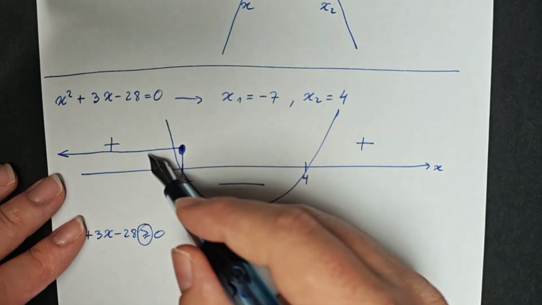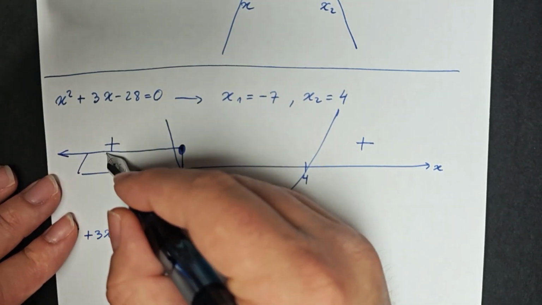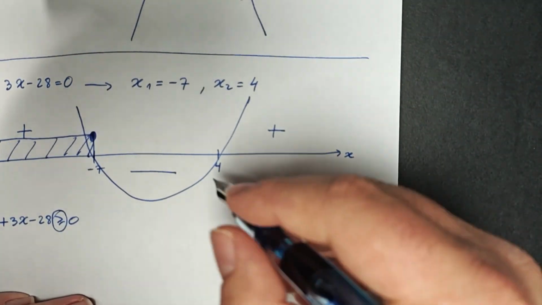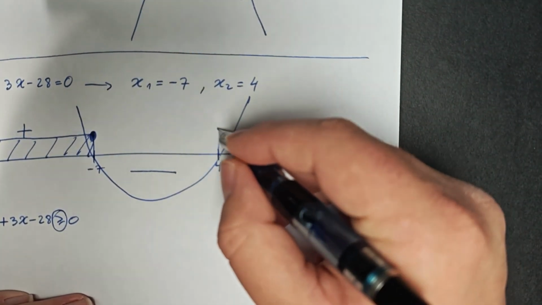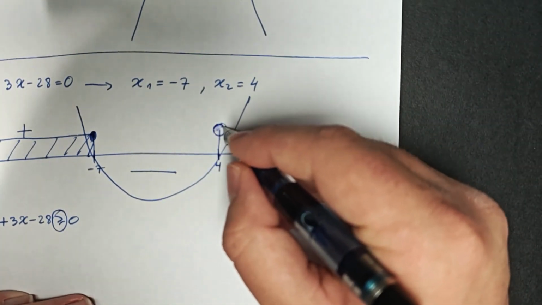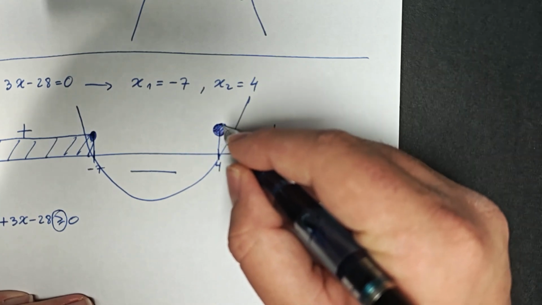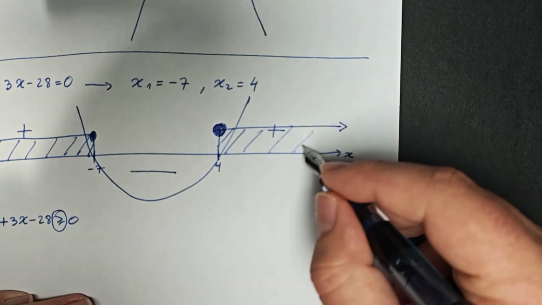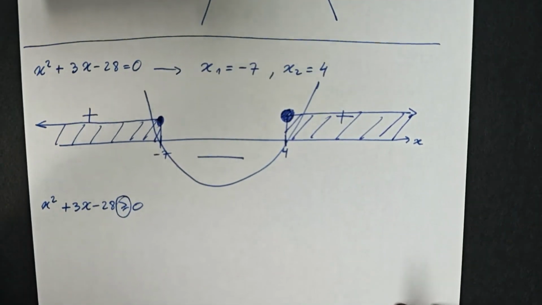Number negative 7 is included, and we are taking the positive values. Positive values are for everything that is left from number negative 7. Number 4: we have larger or equal than 0, equal, it means this number 4 is included. Larger, everything that is on the right side of it. And this is our interval.